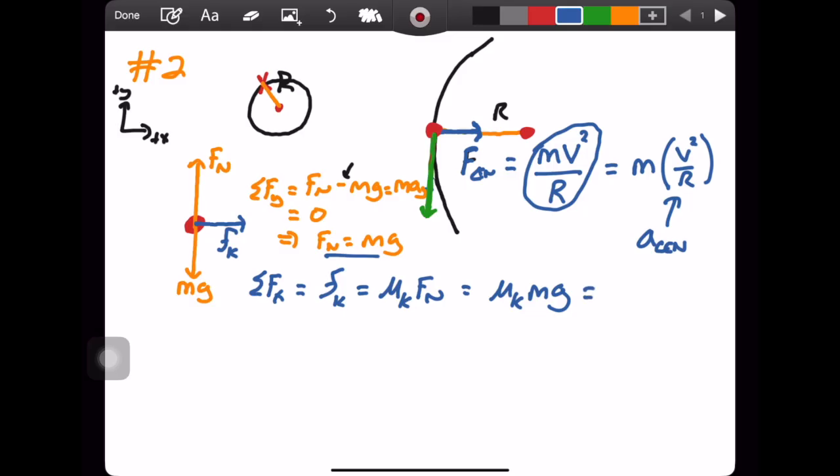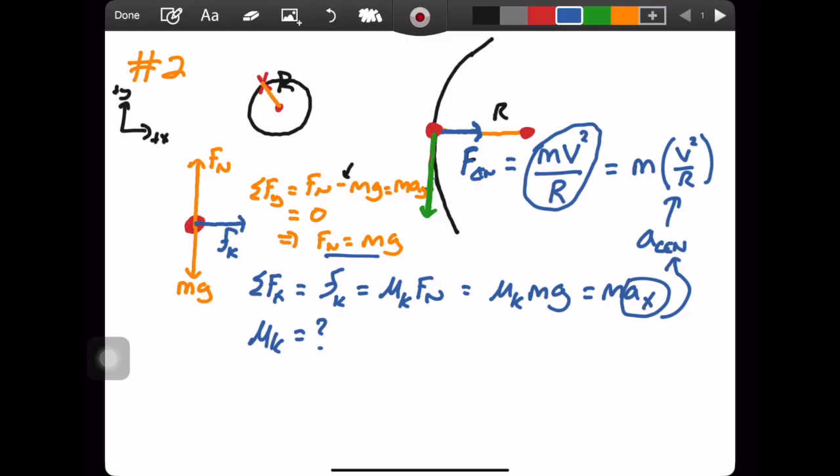And this is equal, by Newton's second law, to the mass times acceleration in the x direction. And this acceleration in the x direction is precisely the centripetal acceleration. So it's the frictional force, the friction that comes from the tires rubbing against the pavement, that provides the requisite centripetal force to keep this car from slipping. And so we need to figure out what mu_k is to keep this from slipping.